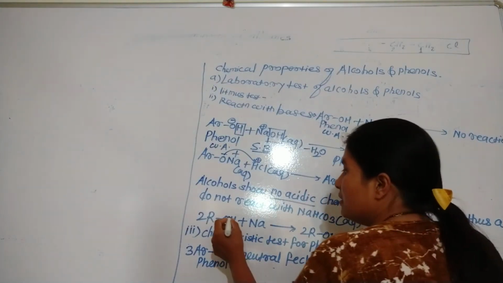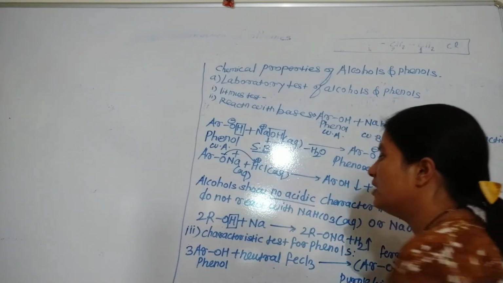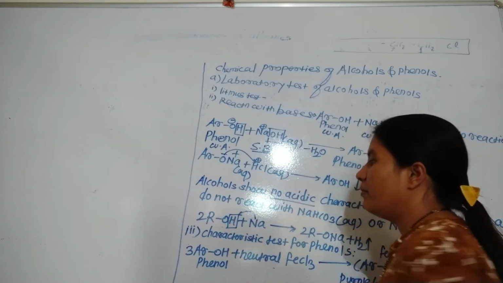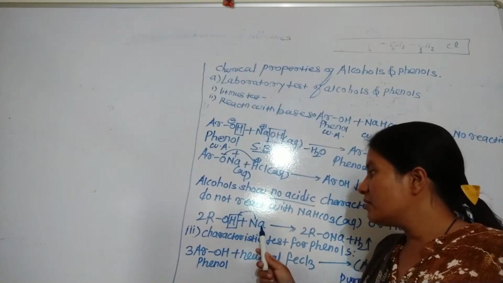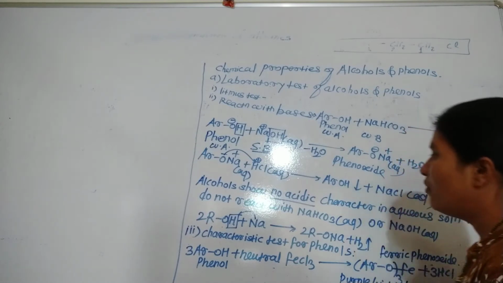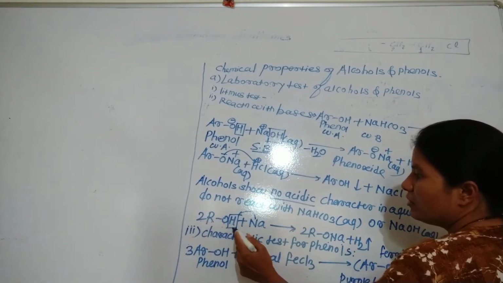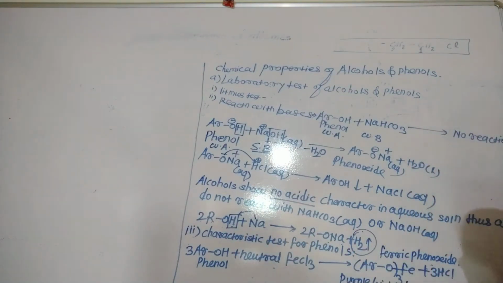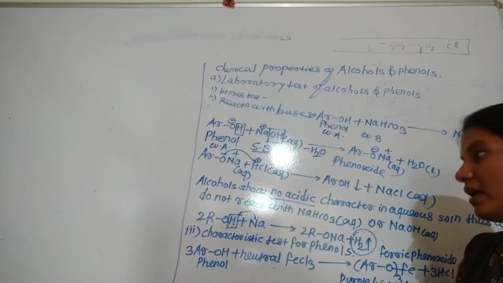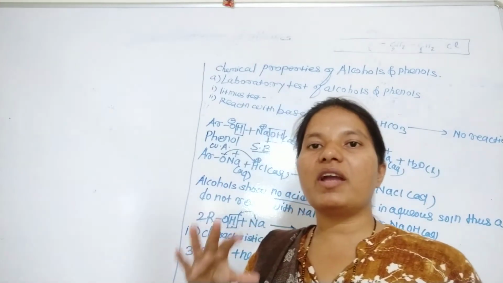The hydrogen atom of the alcohol is replaced by sodium metal, forming RONa, and since 2 moles are used, 2 H2 gas is released.